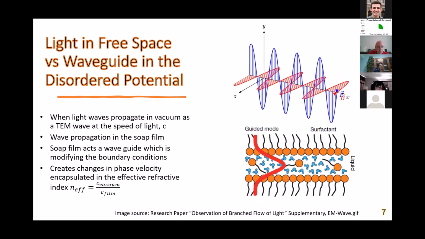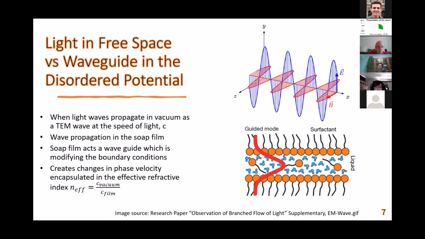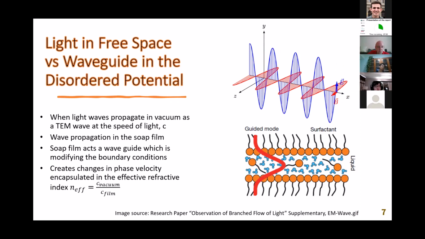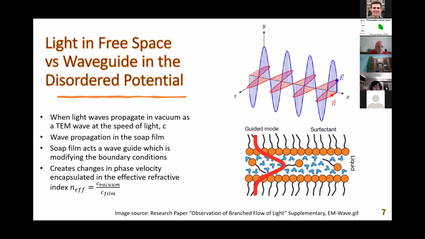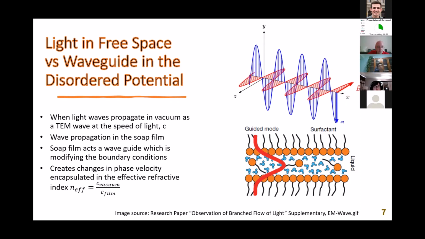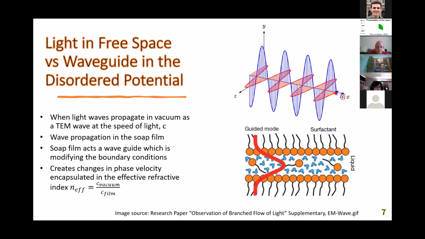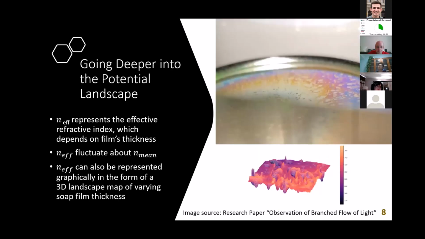If we extend this further into the N effective refractive index, where it's expressed in terms of c vacuum and c film, we will be able to notice that these changes in N effective will lead to the change in direction of the light that's propagated in our branching pattern. So if we go deeper into this potential landscape, our N effective can be mapped out across the two-dimensional landscape. And this is important because it actually depends on the film's thickness.